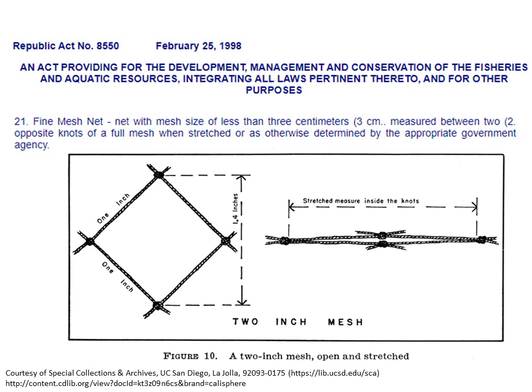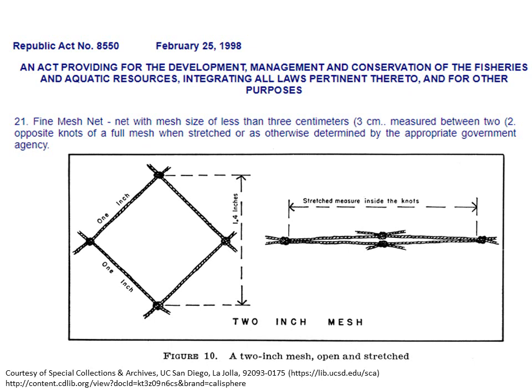Paano ba yon? Ito, meron tayong example ng mesh. Ayan. And then, ito, tingnan nyo sa right, nakasulat stretched measure inside the knot. So, meron kang two opposite knots. Tapos, hinila mo siya, na-stretch mo. If yung kanyang length or yung kanyang measurement is less than 3 centimeters, pag na-stretch siya, ibig sabihin, ang tawag doon ay fine mesh net.